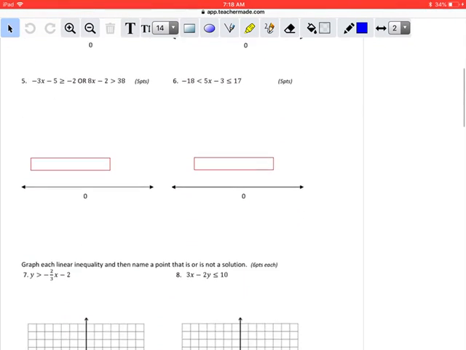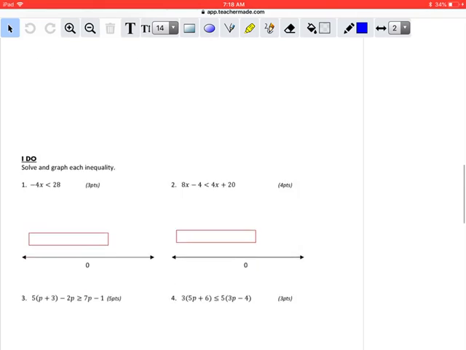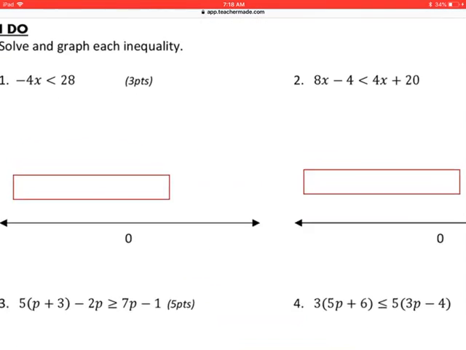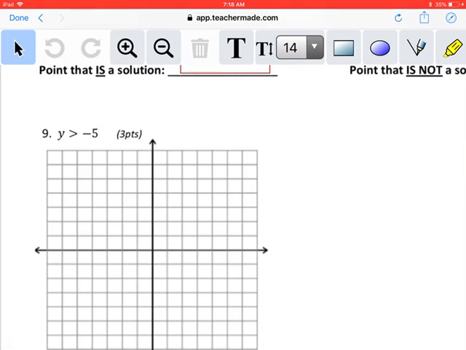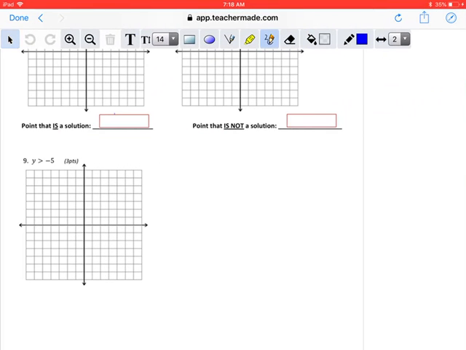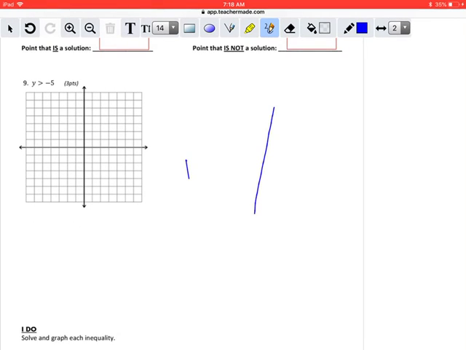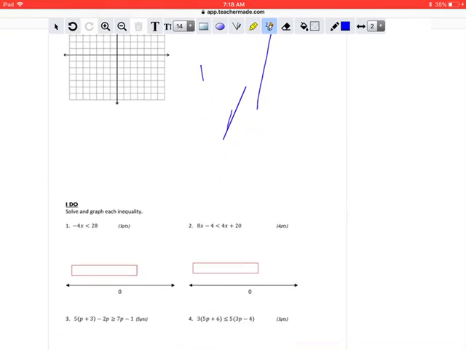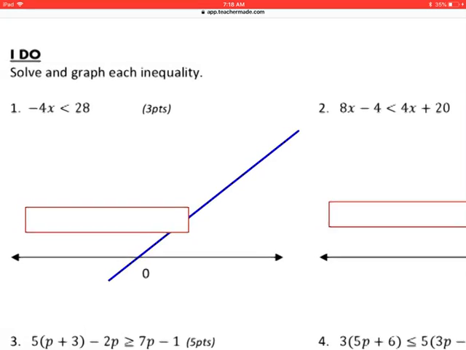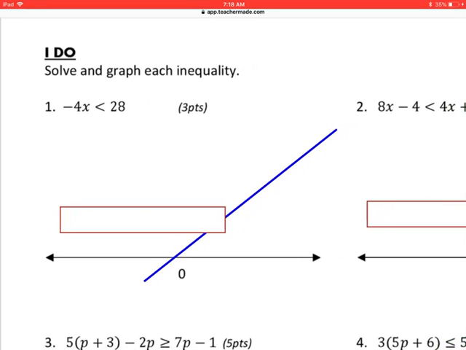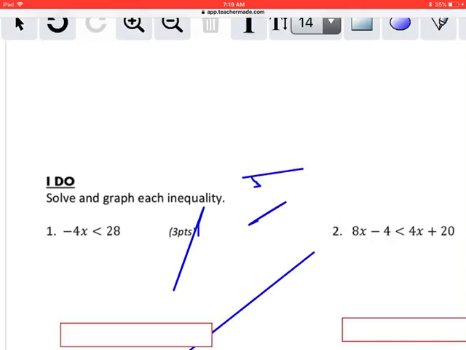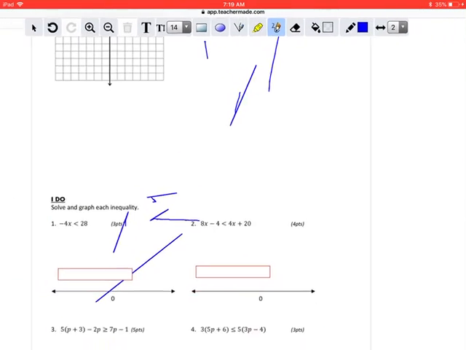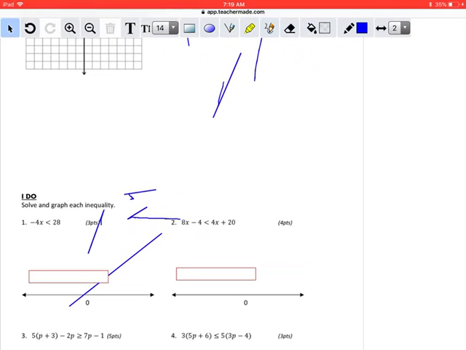But for homework, you want to make sure you're doing the I do. So we're going to look at these. Anytime I'm working anything out on here, you're probably working it out on your own piece of paper, okay?